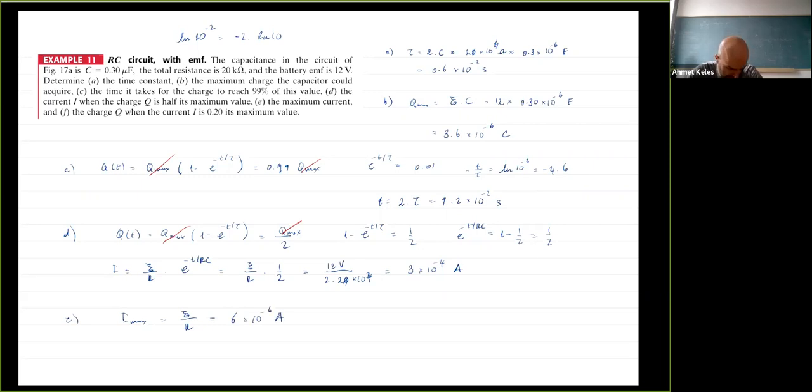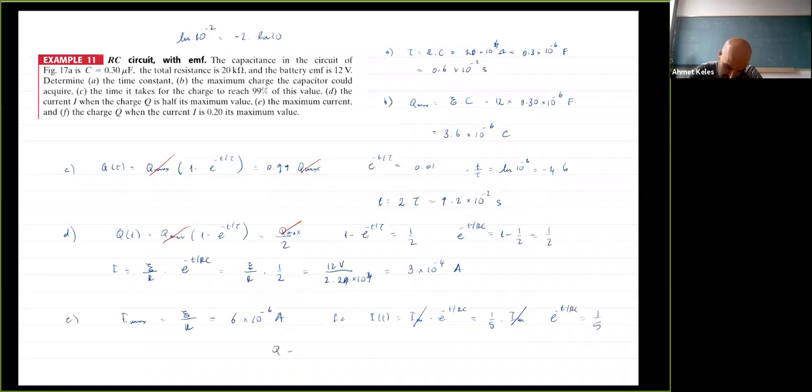And maximum current and the charge when current is about 20% of its maximum value, okay? F, so I is equal to I max times e to the minus t over RC. And if it's equal to 1/5 of I max, I can cancel these and I find e to the minus t over RC is equal to 1 over 5.